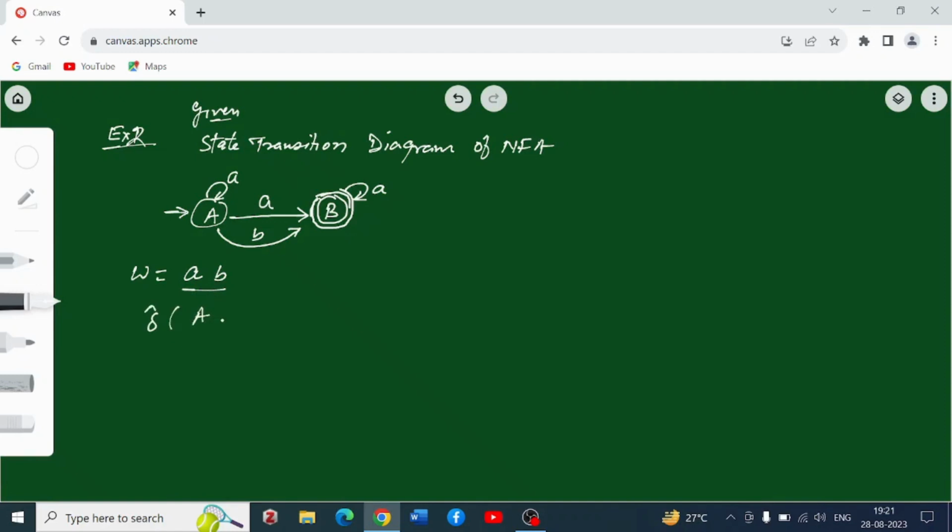A is the initial state and the input string that we want to process is AB. If we extend the transition function, then we will have the first input symbol, and this is the remaining input.